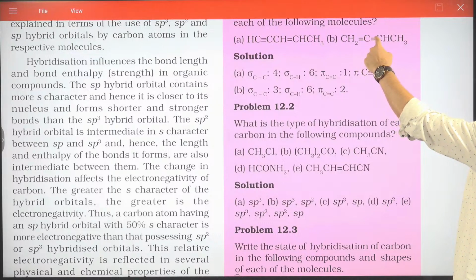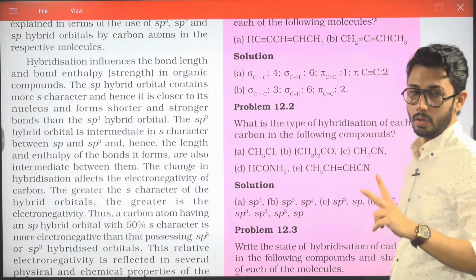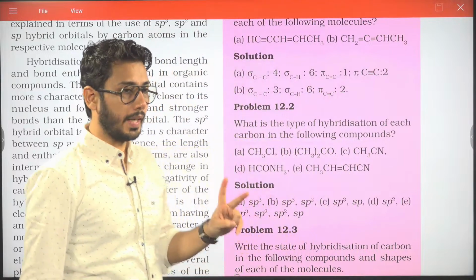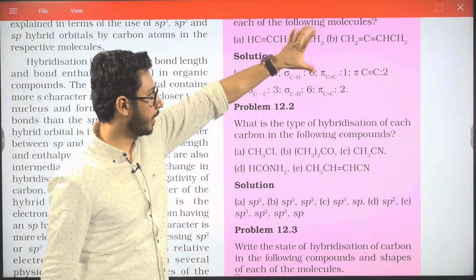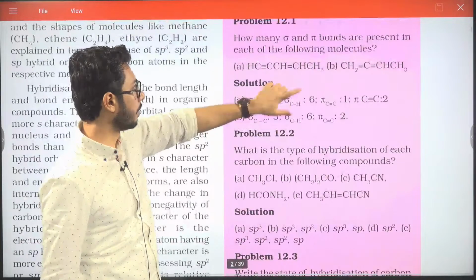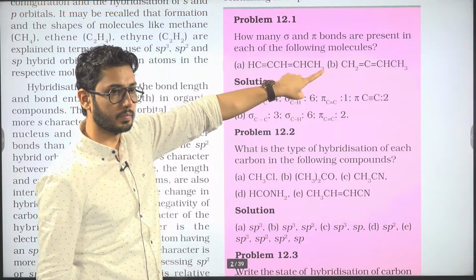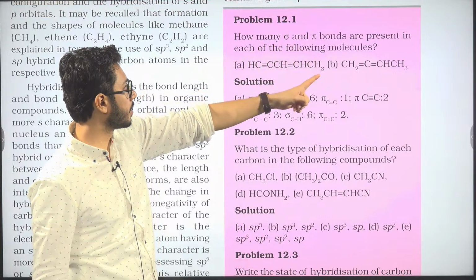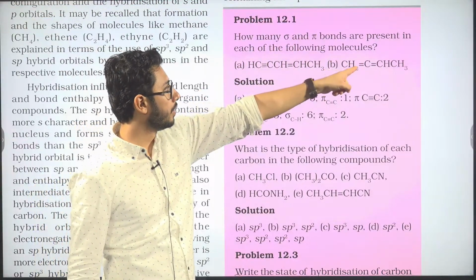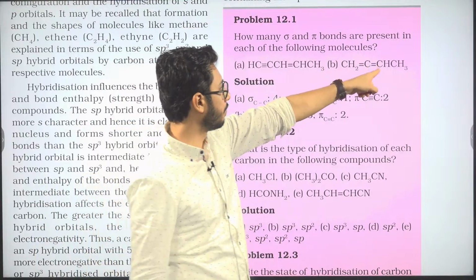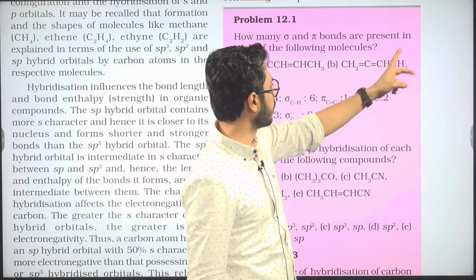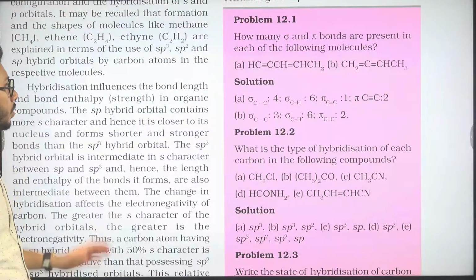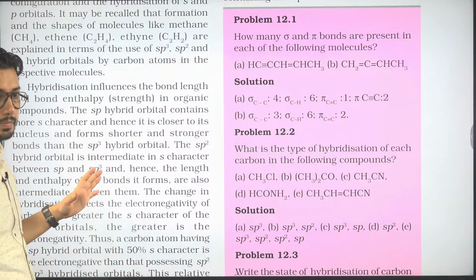Here pi 1, there pi 1, so 2 pi bonds are there. Clear? Getting it? You will write the expanded form of this compound. Getting the answer for B? How many sigma and pi bonds are present? For B, 2, 3, 4, 5, 6 plus 3, 9. So total 9 sigma bonds.